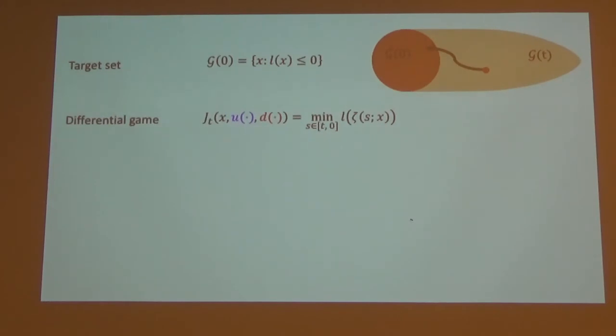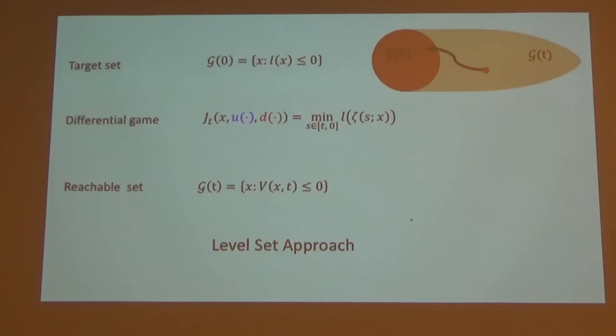Again, it's a zero-sum differential game, so one would minimize, the other would maximize. And what can be proved then is that the reachable set is given by the sub-zero level set of the value function of this differential game. And that's why it's called the level set approach, because I'm encoding my sets as the sub-zero level set of a different function.